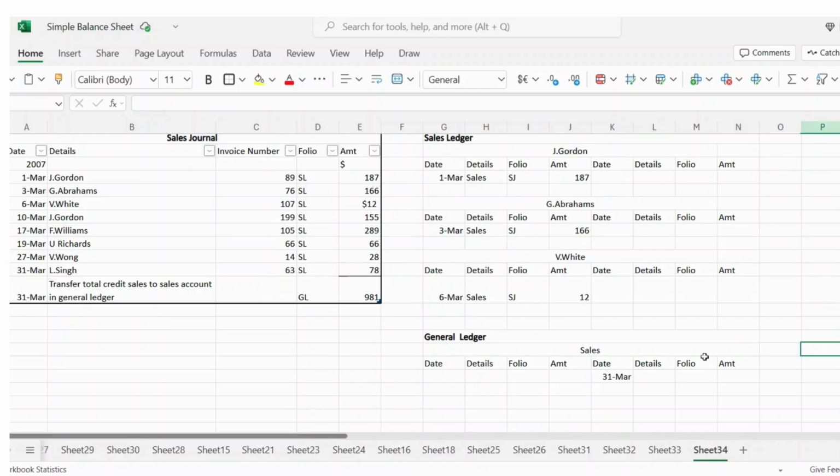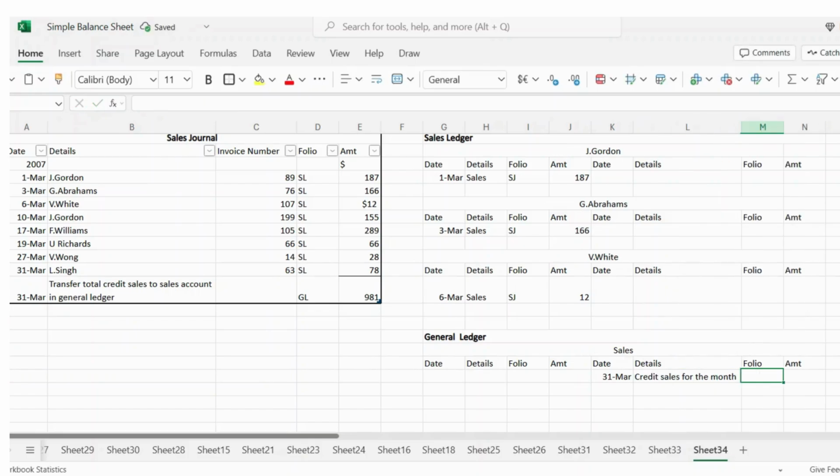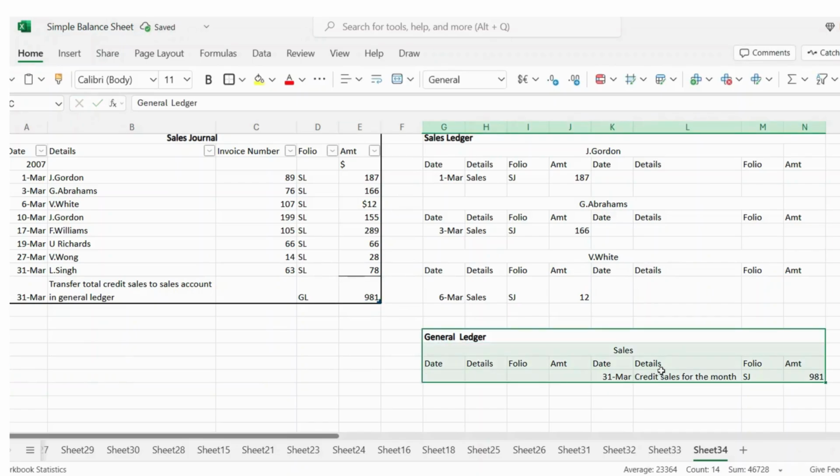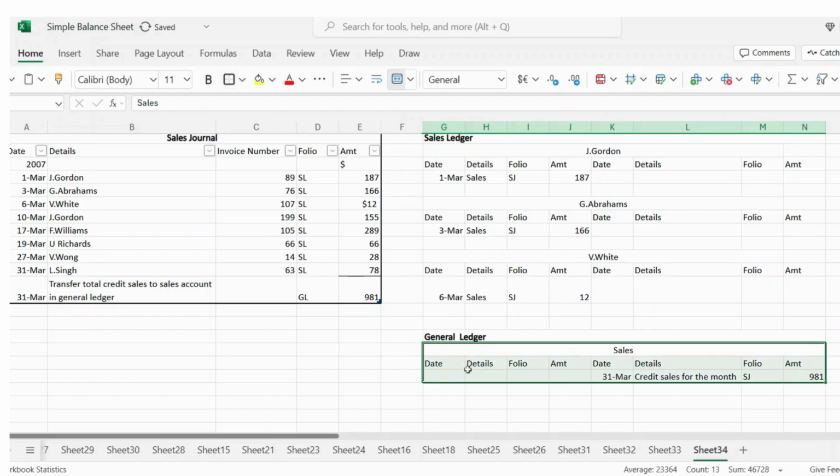There's going to be credit sales for the month, and the folio is going to be the sales journal, and the amount is going to be the $981, which is here. All right, and just like that, your general ledger, so your sales account will be completed for that transaction.